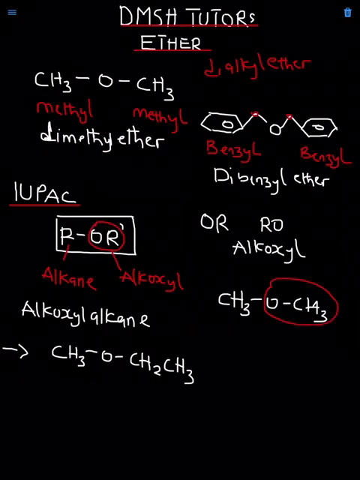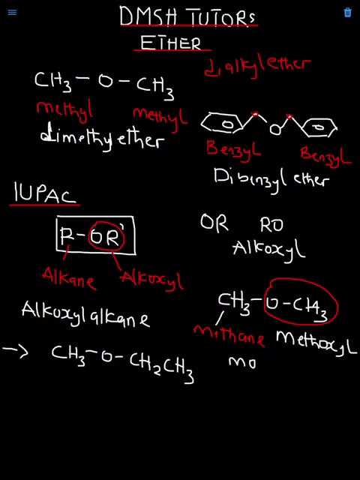And this alkoxy is what? Since it has only one carbon, that's methoxy. If it has two carbons, that's ethoxy. So this is methoxy, then this is methane. And this compound is methoxymethane.